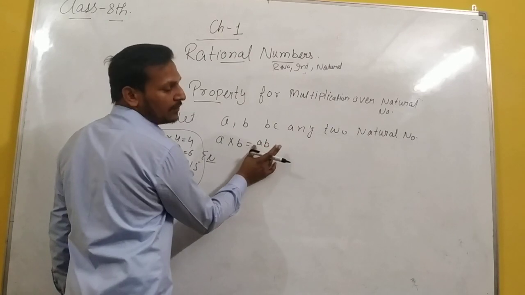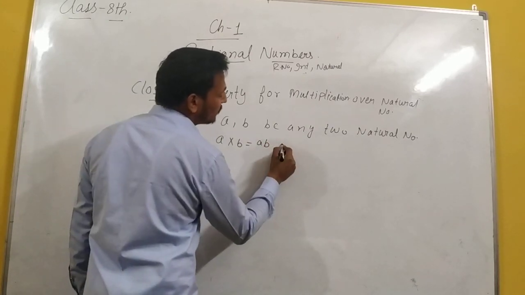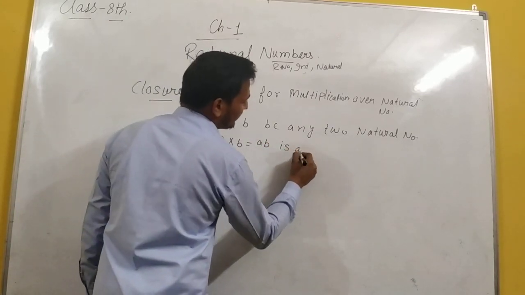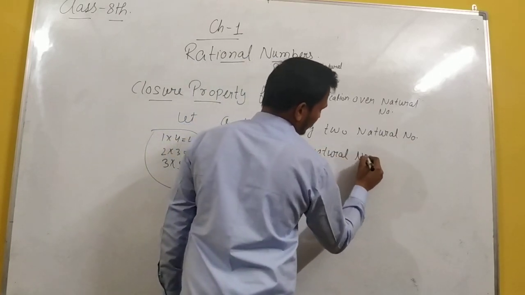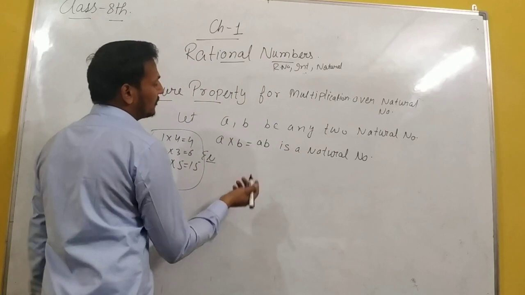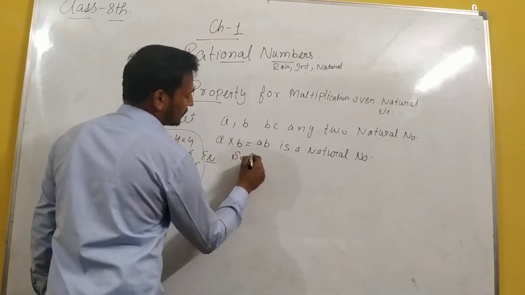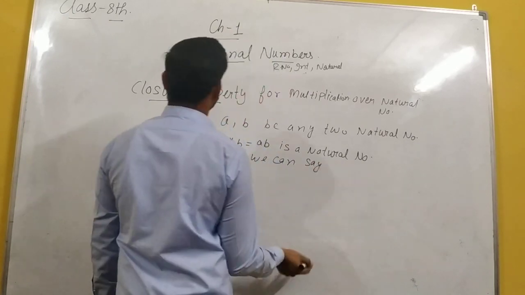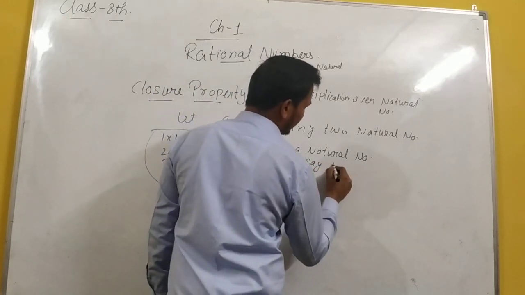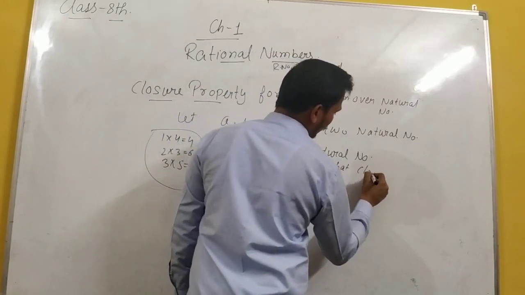So a multiplied by b equals ab, which is a natural number, so we can say that closure property holds over multiplication.